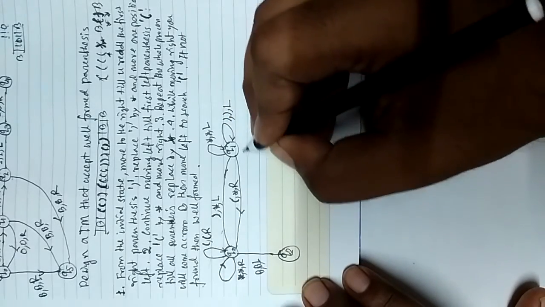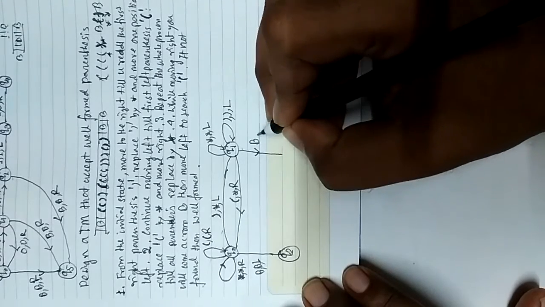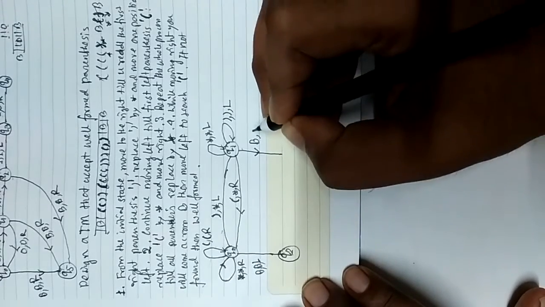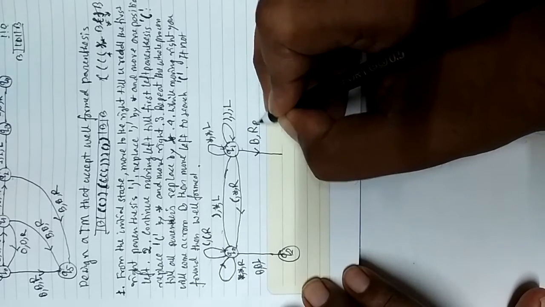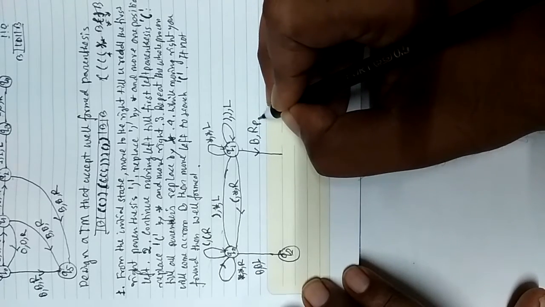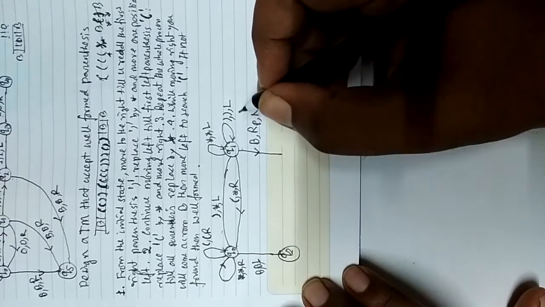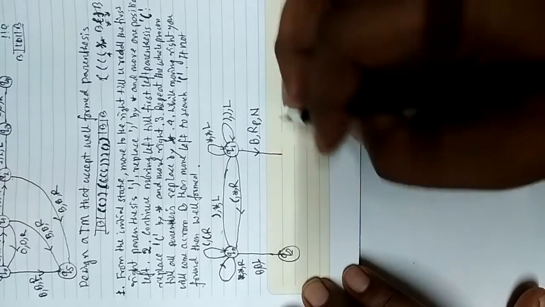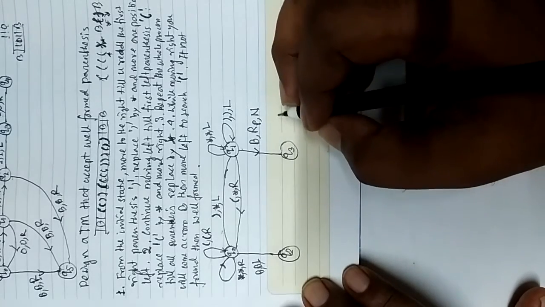Then from Q1 state, suppose you encounter a blank, then it means there is one extra parenthesis. I will represent this by RP, that is extra parenthesis, and you will do nothing because that is an error condition, and you go to the halt state. No need to go further.